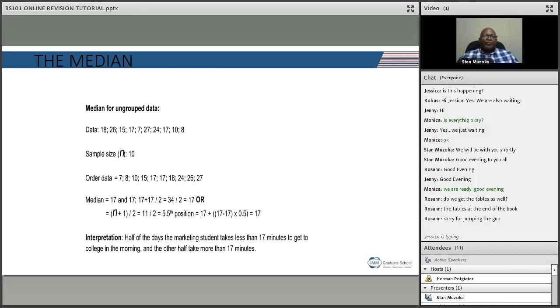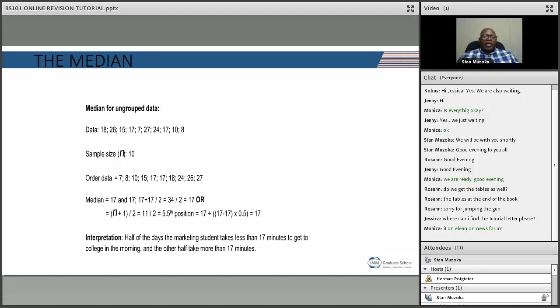You know all that. The median for ungrouped data: our data is already in ascending order. The median is the value that divides the ordered data set into 2 equal parts. Always calculate the position: n plus 1 over 2, 11 over 2, the 5.5th position. Meaning that the median value is between the 5th and the 6th observation, exactly halfway in between.